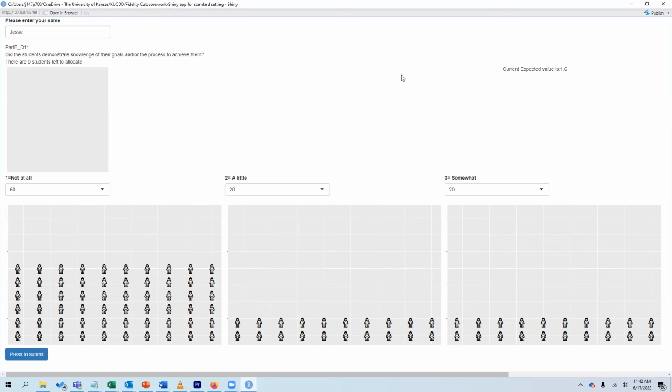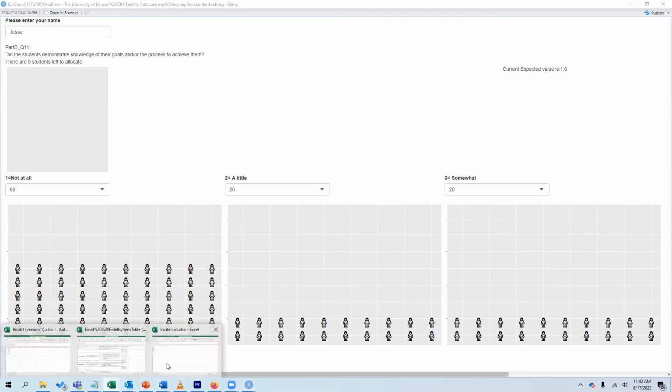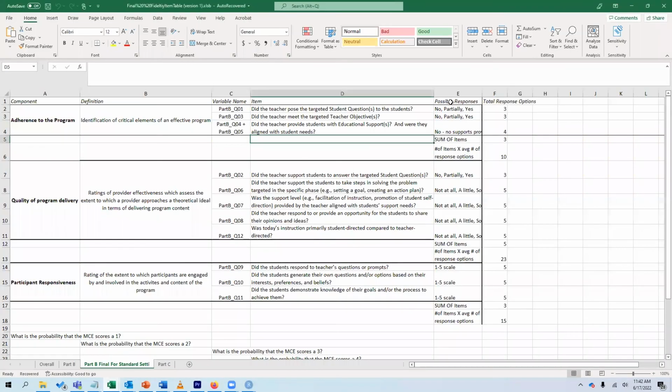So if we look at each item within a domain and come up with the expected score that a minimally proficient implementer should get for that item, and we do it for all of the items, then the average of those expected scores is going to be our cut score.